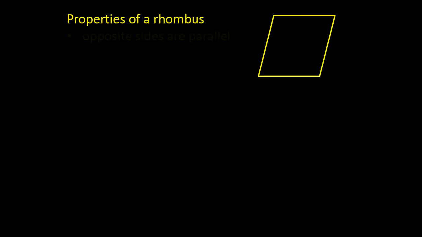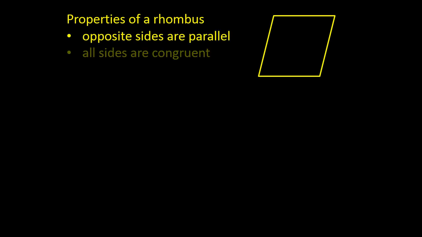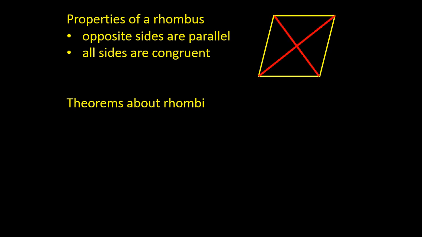Now remember, the properties of a rhombus are what allow us to make these constructions happen. Their opposite sides are parallel and all the sides are congruent. Now there's some other properties that a rhombus has. Well, not really properties, it's theorems about rhombuses or rhombi.